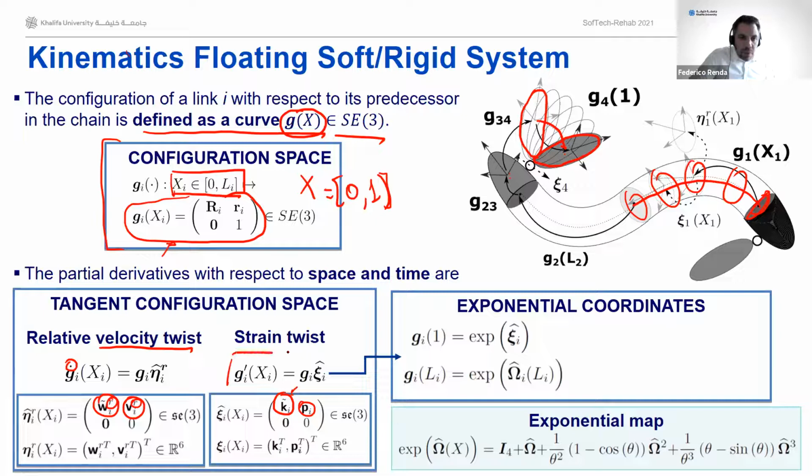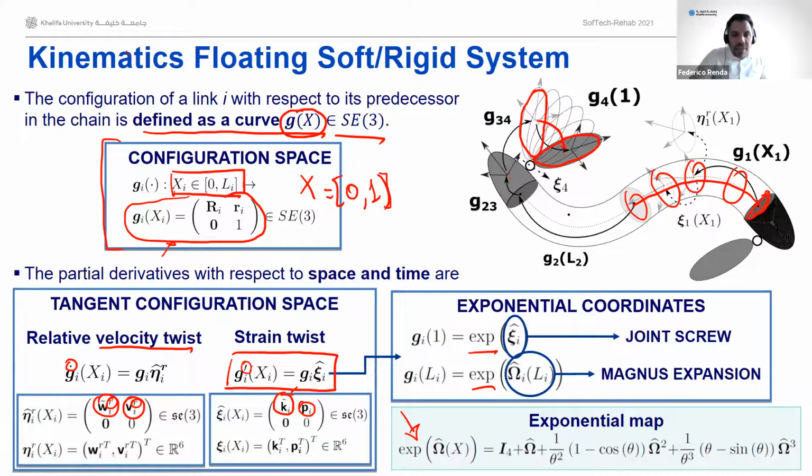Now, we can notice that this expression is a matrix ordinary differential equation that can be integrated in space. Integrating this in space produces an exponential, in particular the exponential map in SE(3), which has a very nice analytical formulation here.